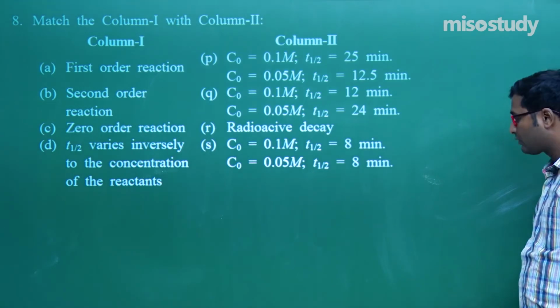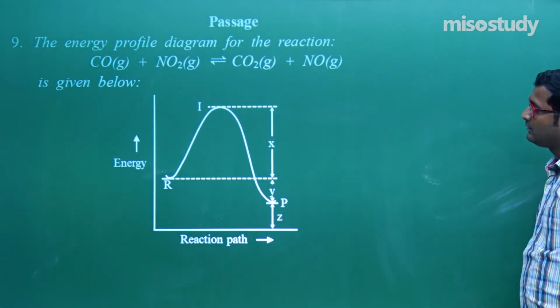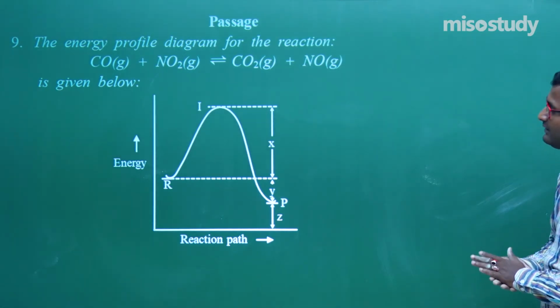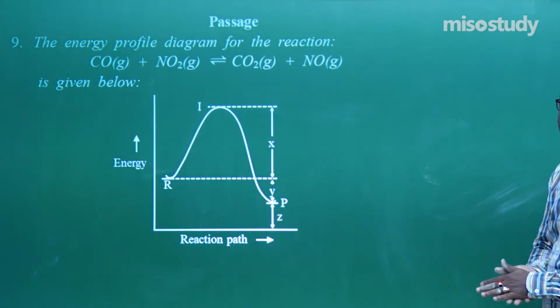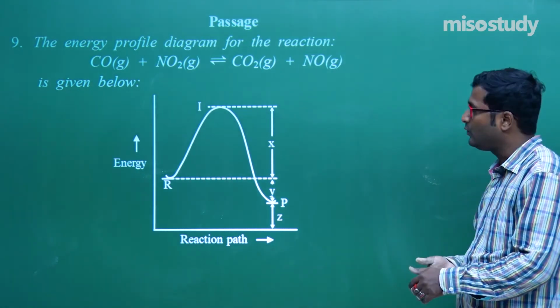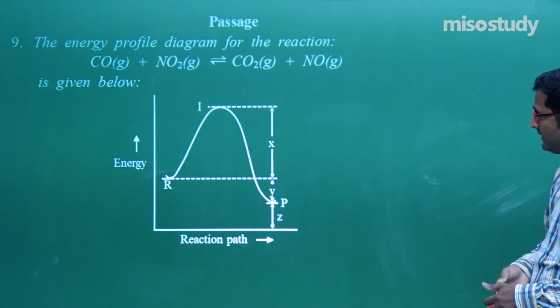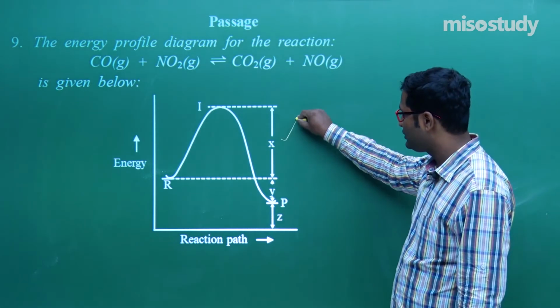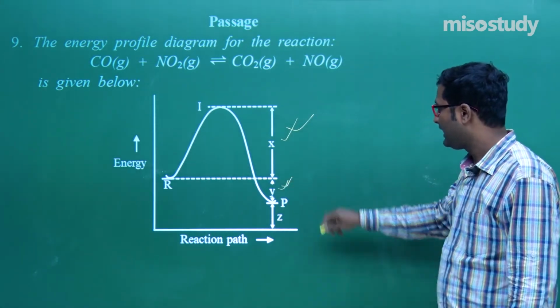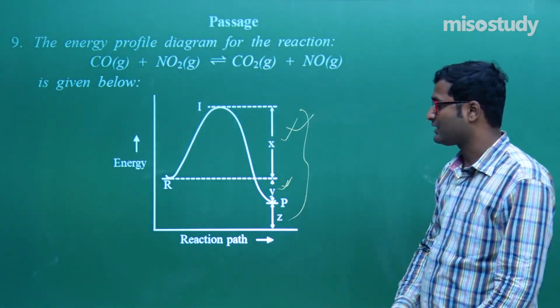Now, question number 9, this is a passage. Read the question carefully. CO plus NO2 gives CO2 plus NO, this is the figure, and this one is the energy of activation, this one is the heat of reaction, and X plus Y plus Z is the threshold energy.